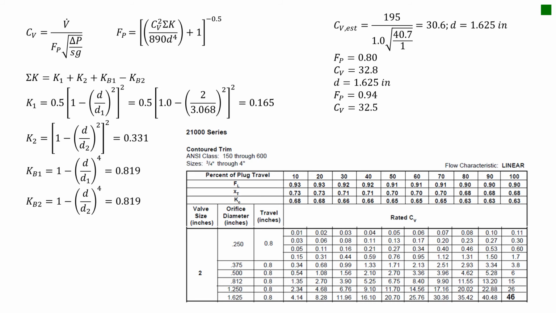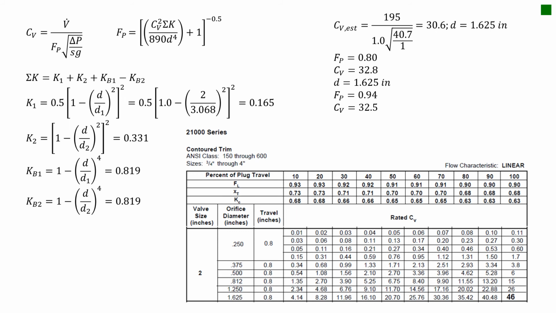I'll recalculate FP using that new CV value and end up at 0.94. And then recalculate the CV again at 32.5. And that's as many iterations as I want to go.